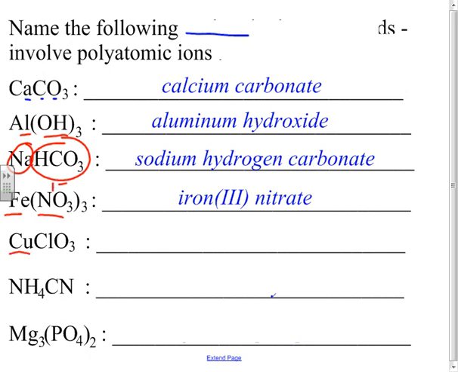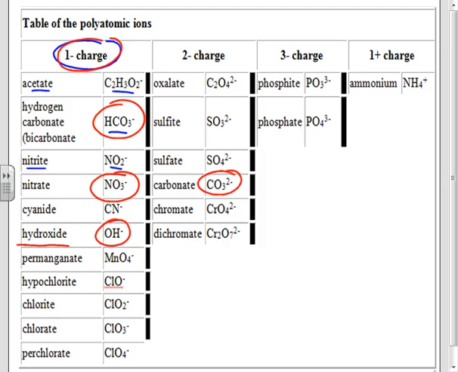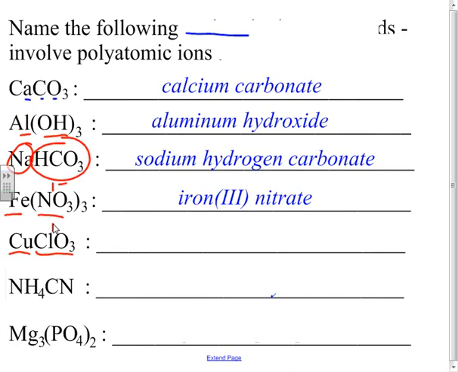This is the copper ion. This is the chlorate ion. The chlorate ion has a 1- charge. And if the chlorate ion has a 1- charge, that means this copper must be a 1+, and so that is copper 1 chlorate.